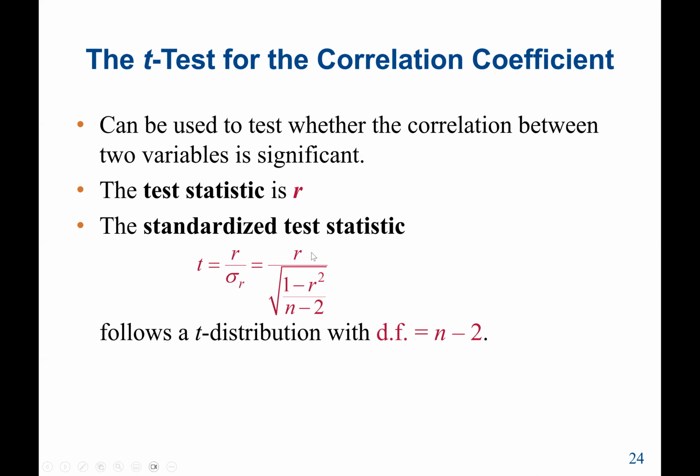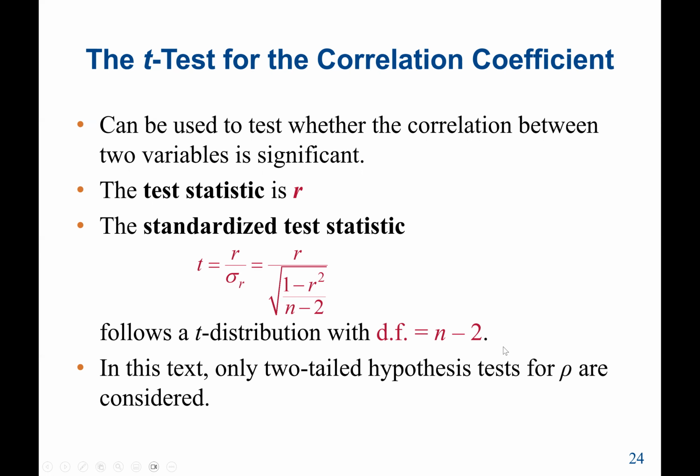And for the standardized test statistic, we say t equals R divided by the standard deviation of R, which is the square root of (1 minus R squared) divided by (N minus 2). This will follow the T distribution. The degree of freedom is N minus 2. So here we're going to use the T table.